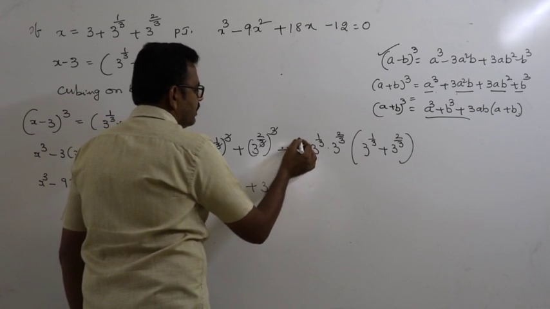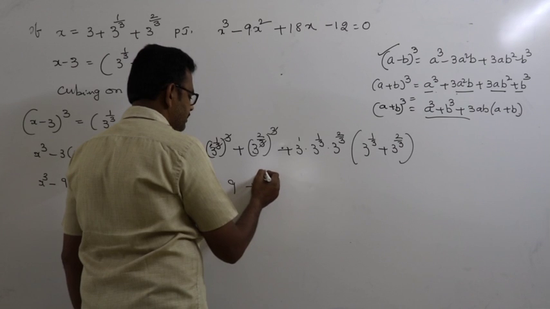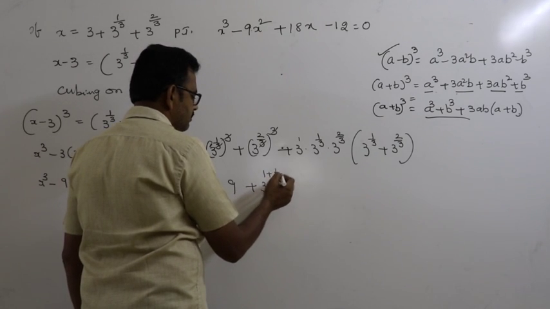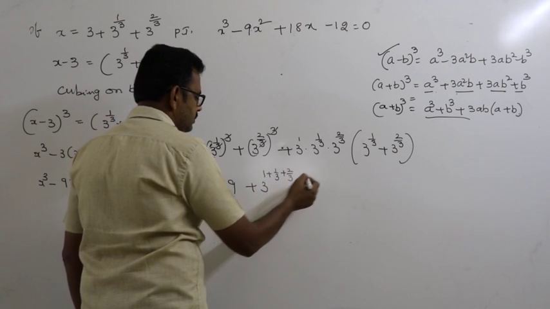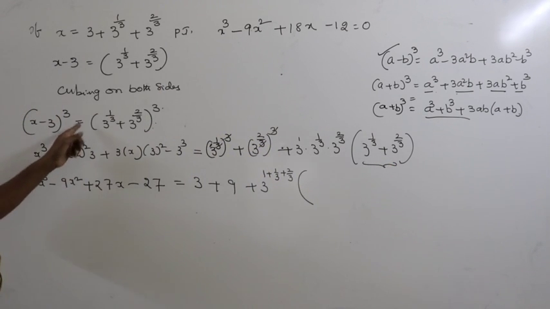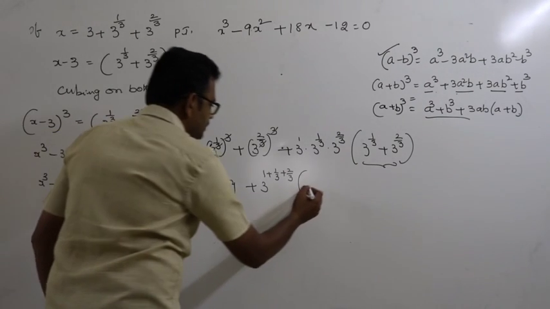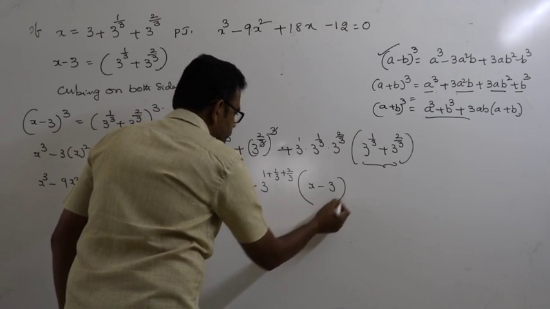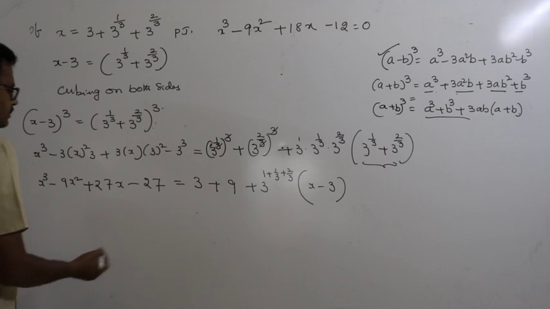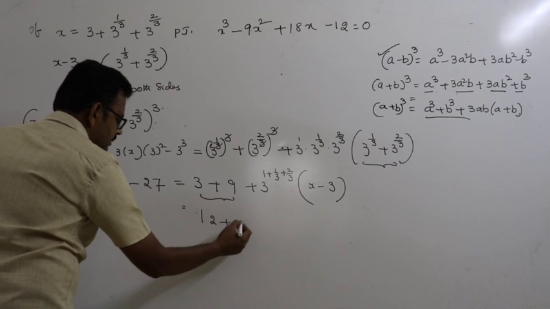So bases are equal, adding the powers, 3 power 1 plus 1 by 3 plus 2 by 3 into this. In place of this you write x minus 3. So that is equal to these together 12 plus 3 power.